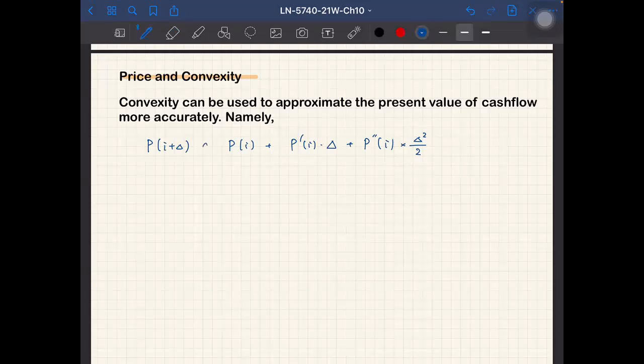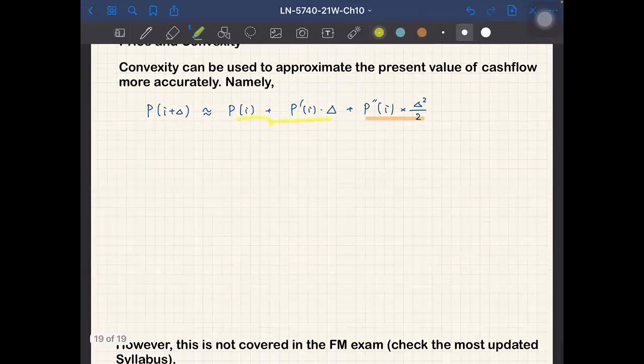This is approximate. If we introduce this second term, then it is more accurate than just using duration. If we divide both sides by P of i, then we can use the duration and the convexity.